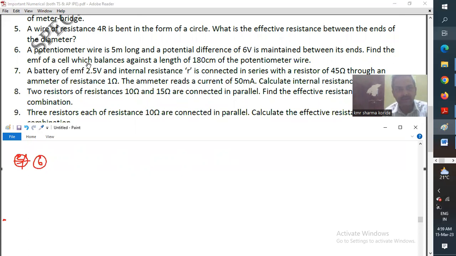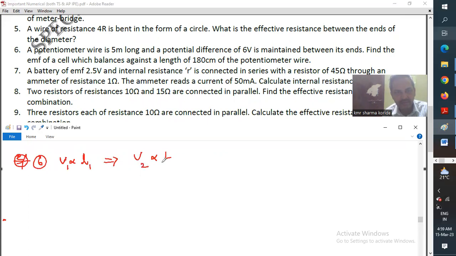Find the EMF of the cell, which balances against a length of 180 centimeters of the potentiometer wire. So get back the principle of potentiometer. Potential difference between any 2 points is directly proportional to the length between those 2 points. So from this, what you can write is potential across the length is also directly proportional to total length. So therefore, this is the first case.